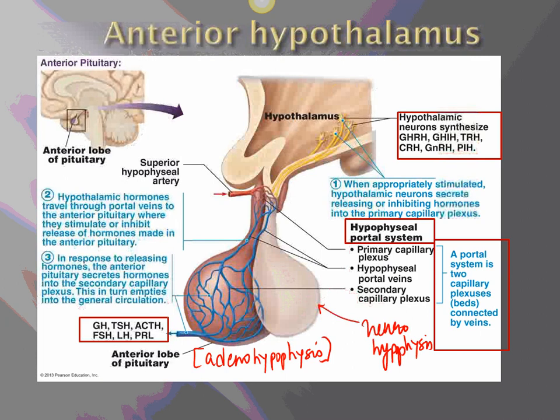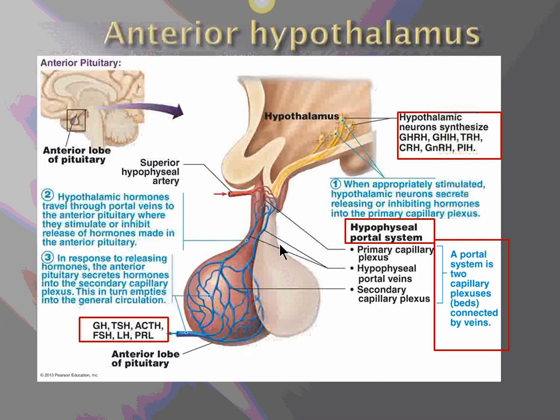So let's see what the anterior hypothalamus produces and how it connects to the anterior pituitary. If you look here, the anterior hypothalamus has numerous neurons, and these synthesize releasing hormones or inhibiting hormones.